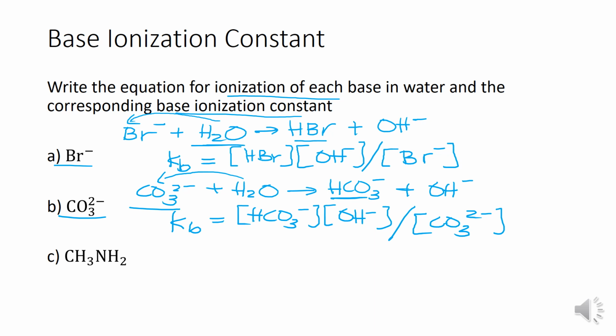Finally, we have methylamine. And this substance, NH2, is what we call an amine, in which the nitrogen has a tendency to accept a hydrogen ion because it has at least one lone electron pair. So let's copy methylamine.